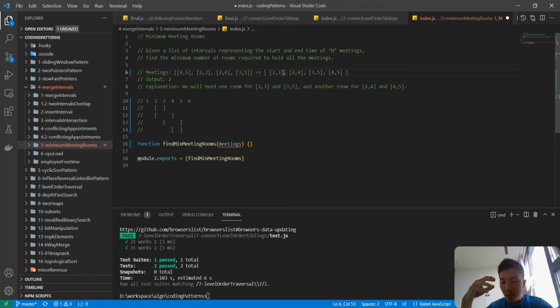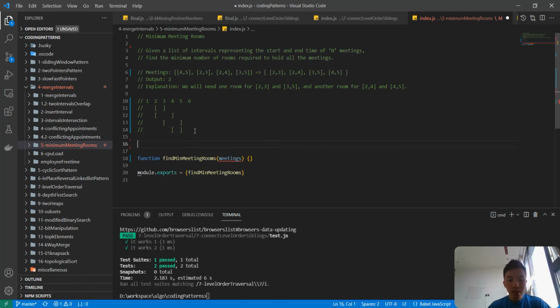And the number of concurrently happening intervals will be the number of rooms that we need, right? So in order to keep track of the meetings that are happening concurrently, we can use a data structure. Can we use an array here?